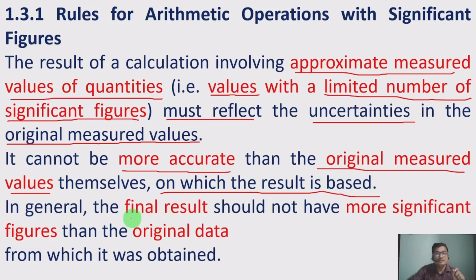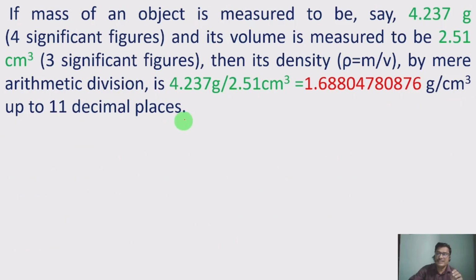In general, the final result from any arithmetic operation should not have more significant figures than the original data from which it was obtained. Let's take an example before taking the rules.